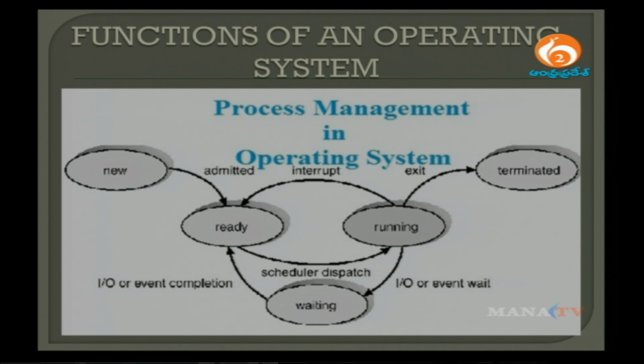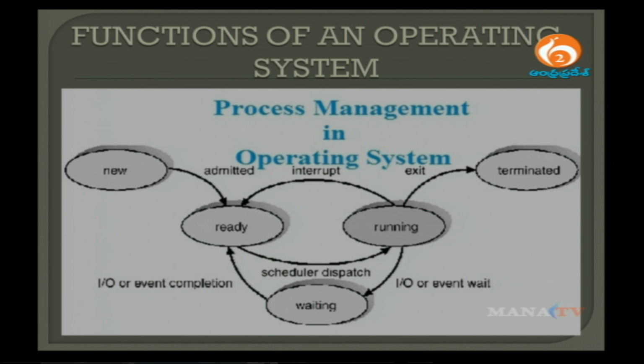And we have new, admitted to ready, and once the process is running, it may come to waiting, and then it will be ready again, and then it will go back to running again, and it will exit. First I want to create a clear idea on event completion.